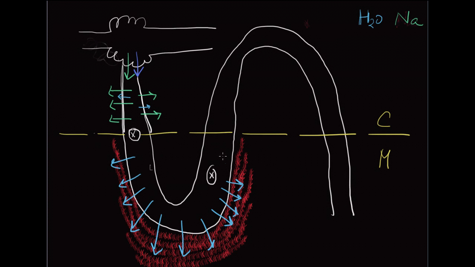And the first place we see that is here. This is your thick ascending loop of Henle. And it's thick because water cannot come across. So we're going to designate that with a very thick white line. So here's your thick ascending loop of Henle, straddling both the cortex and the medulla, and we've got only sodium being reabsorbed.